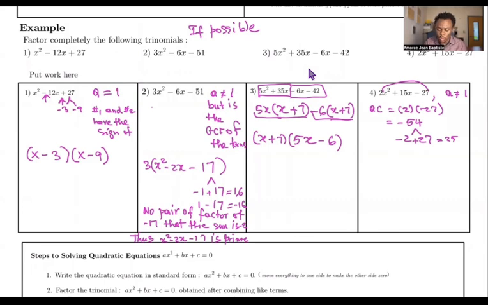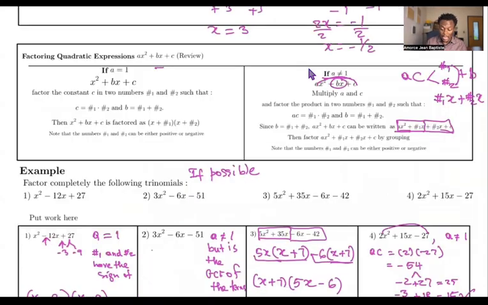Now, let's try 3, for example. 3 and what? 54 divided by 3 would be 18. But the smaller number should be negative. So then that's going to be 15. Well, this one works. So we have the two factors.